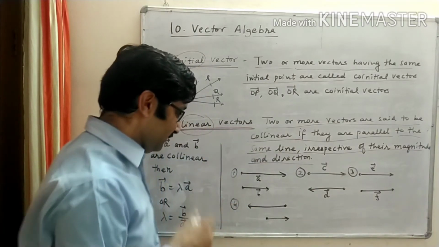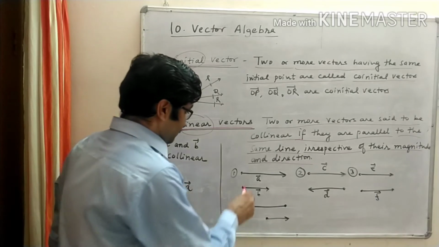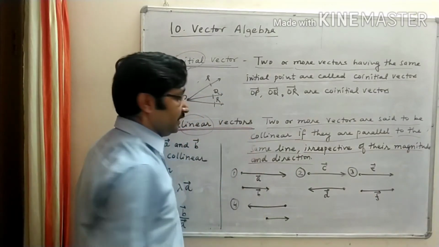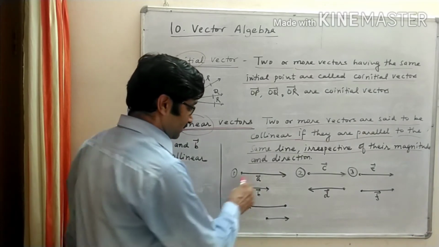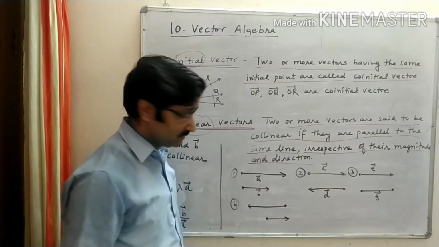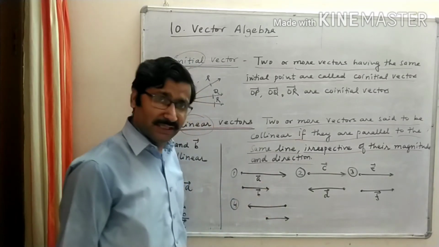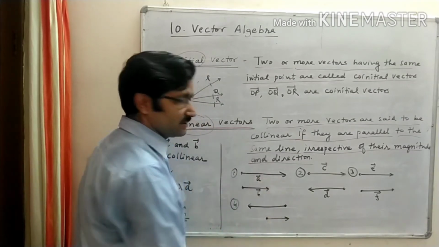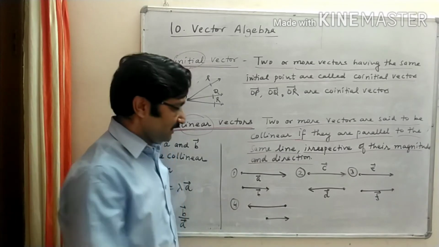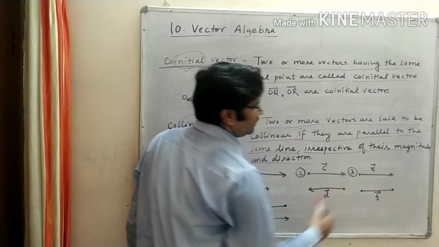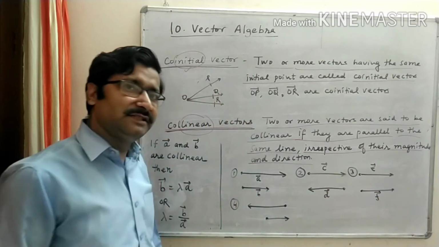So what is this? Look here, we have 4 cases here. These 2 vectors are parallel, means these are collinear vectors. Here the direction is same, but the magnitude is not same. Next case, 2 vectors we have C and D. Here direction is changed.